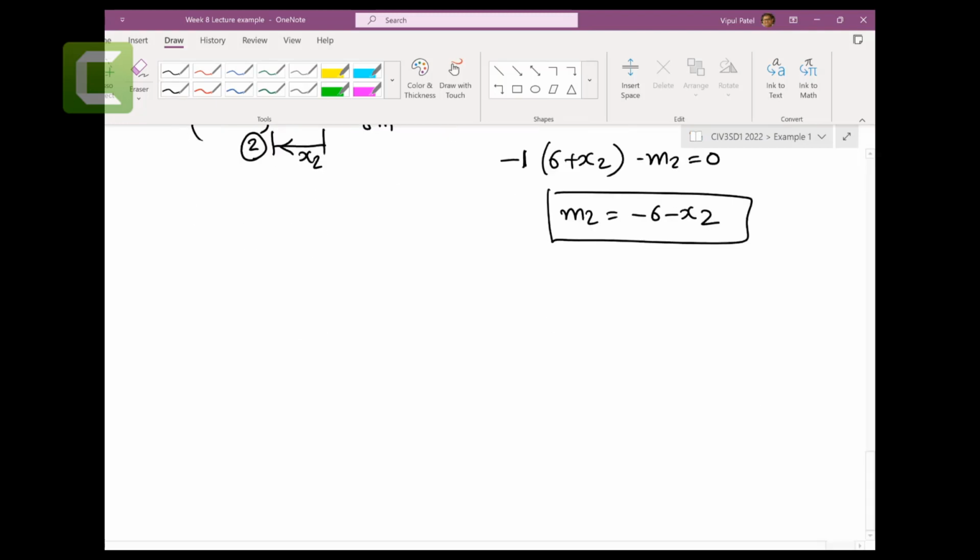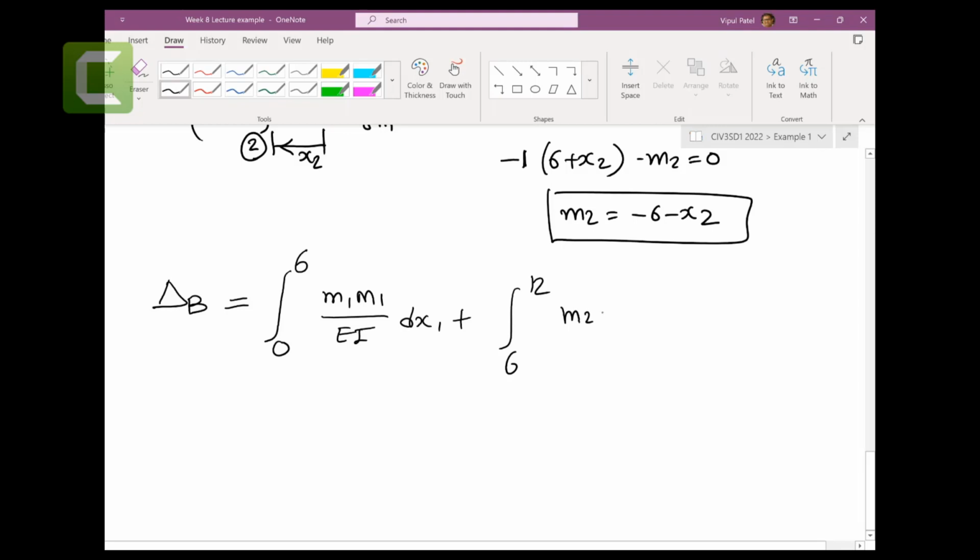Right, so we have everything to calculate deflection delta B, equal to the integration from 0 to L of small m1 capital M1 over EI dx1, plus the integration from 0 to 6, or you can make it 6 to 12, of m2 capital M2 over EI dx2.